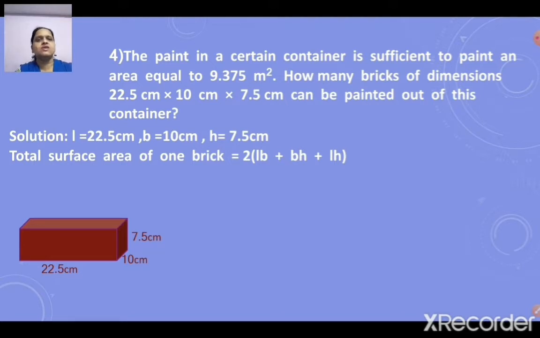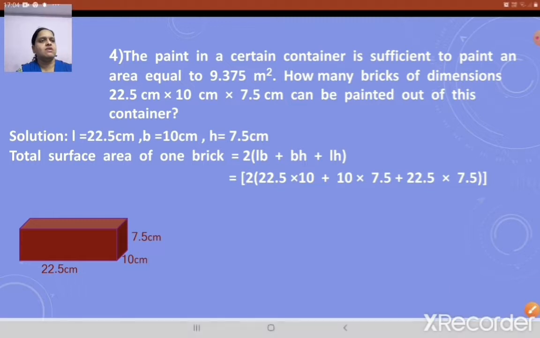All three values are already given. L is 22.5, B is 10 and H is 7.5. Let us substitute the values.